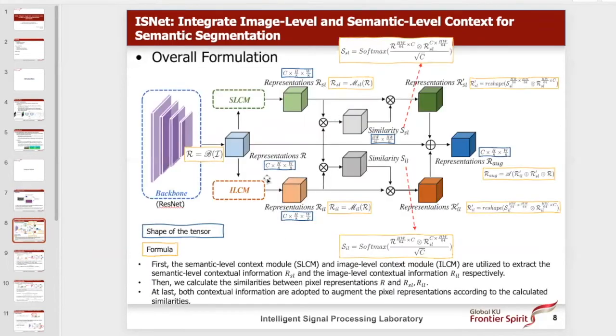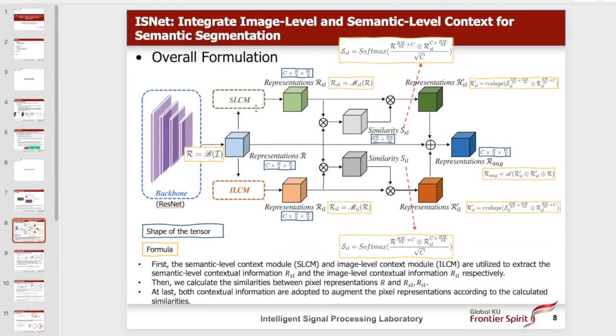Thank you. Let's continue with the overall formulation. First, we send the input to the backbone. We can take the ISNet as a backbone. It is an example. And then we will project the pixels in the image to a nonlinear embedding space so that we can get the representation R. The SLCM represents the semantic level context module.